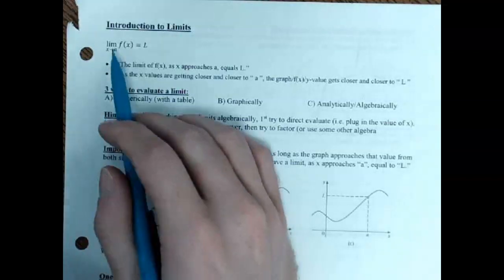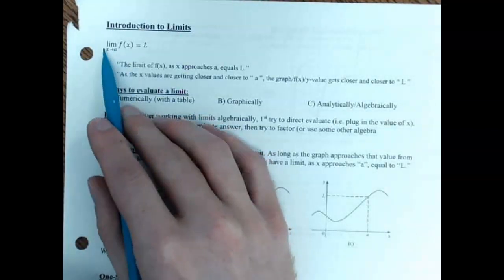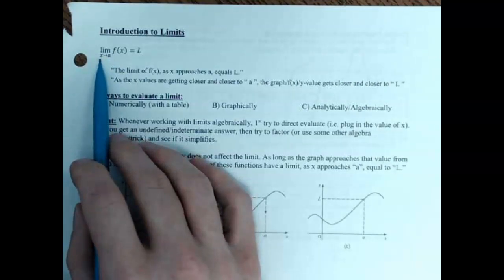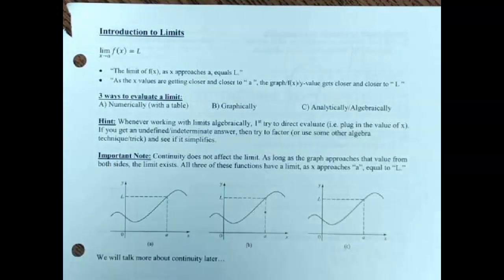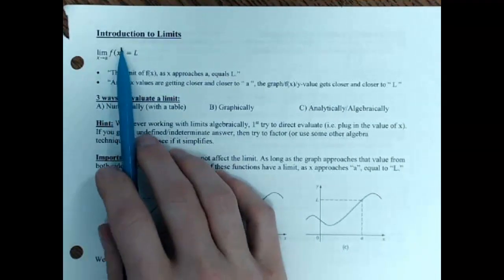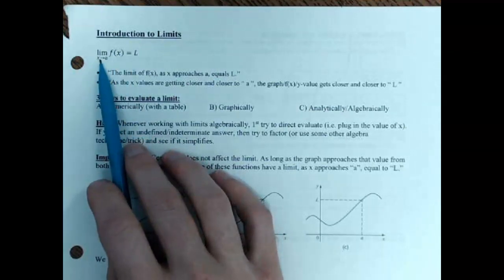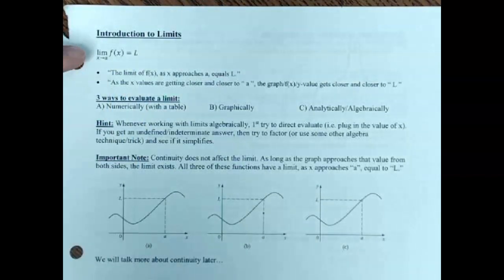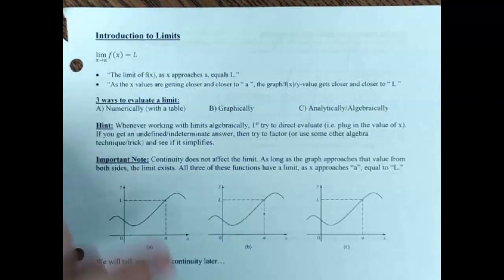Then you need to indicate your target x value, right? You need to know what general area of the function you're looking at, so you need to know which x value you're going to send it closer towards. It's kind of what I refer to as the target. Anyways, the limit of f of x as x approaches a is equal to L. So there's the mathematical language, and then here's the translation into English.